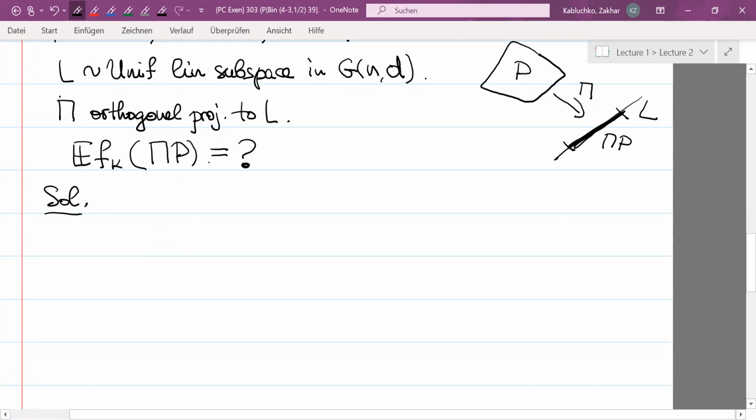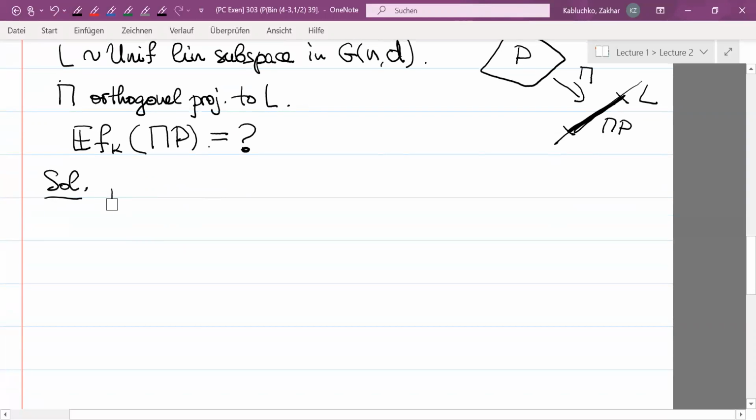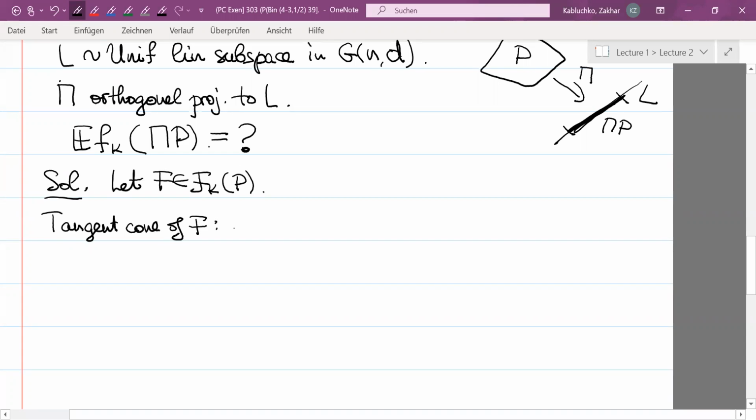First of all, let F be a k-dimensional face of P. Then we can define the so-called tangent cone T_F of F in the polytope P. It is defined as follows. It is the, first of all, take some point y in the relative interior of F.